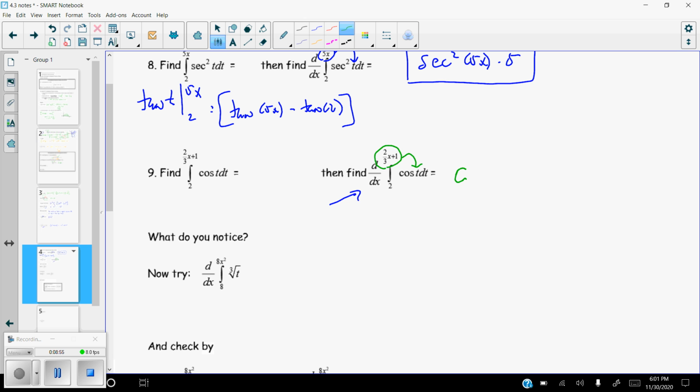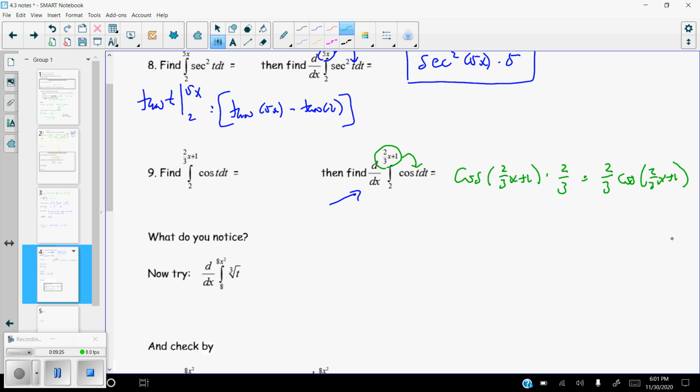So that's going to give us cosine of 2/3 x plus 1, but then we have to remember to multiply by the derivative of the bound, which is just 2/3. That's it. Probably want to rewrite it as 2/3 and then cosine of the angle. So when there's something other than just x, you have to multiply by the derivative of the bound.